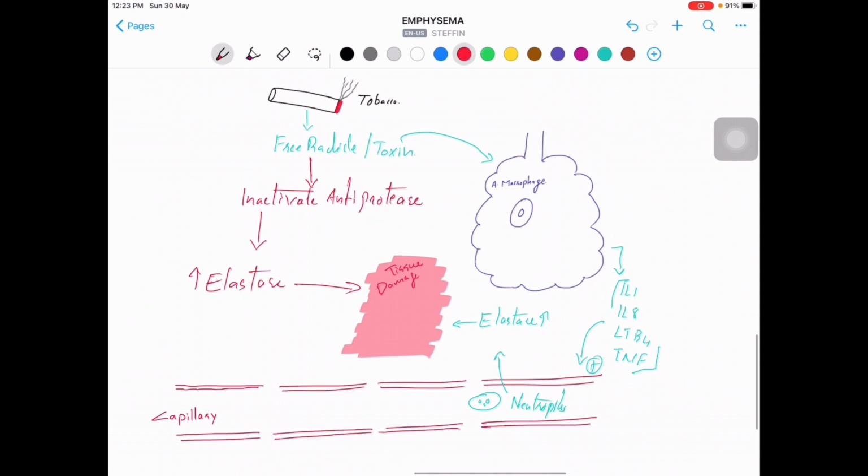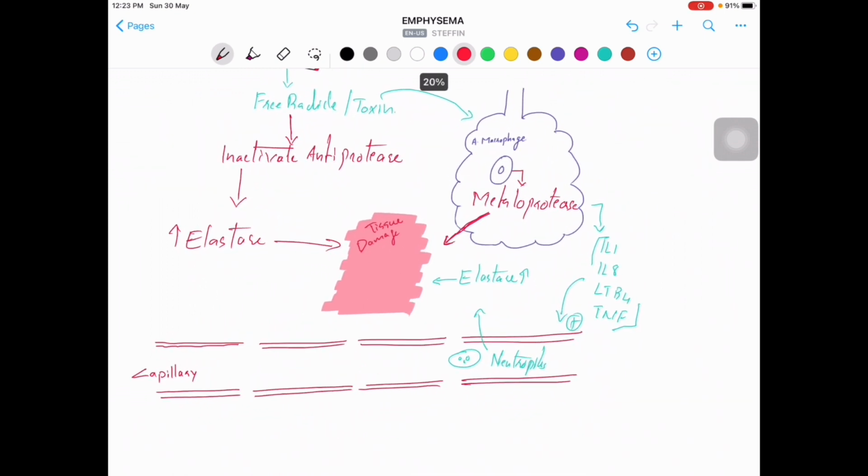Other than the cytokines, this macrophage also releases a protease called metalloprotease. This metalloprotease destroys the alveolar wall and causes tissue damage.